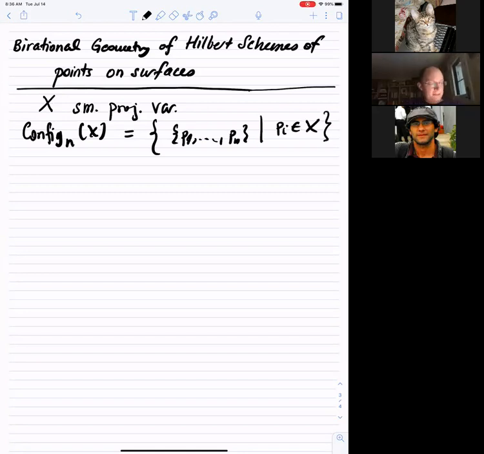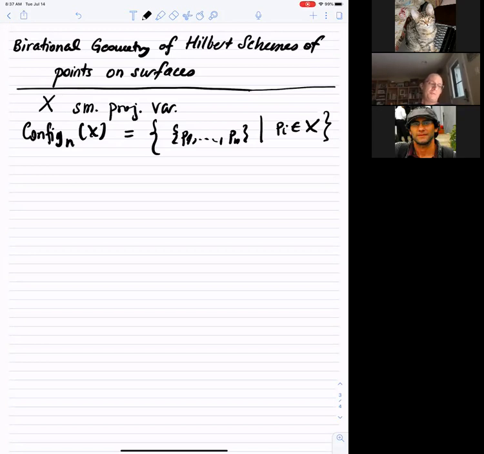This configuration space is very important, and it comes up in lots of different things in mathematics. For instance, if you want to study secants to a manifold, or if you want to study braid groups, this space is always at the center of these kinds of questions.